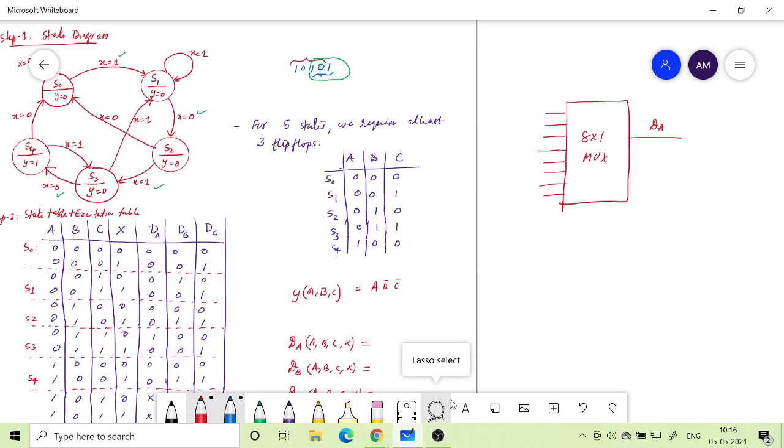So if you look at this, this is 0. This is the advantage of the multiplexer method. I just need to look at the DA column, and the first two, if it is 0, it is 0, again it is 0, again it is 0, now it is 1 0, so that means X bar, and then again 0.